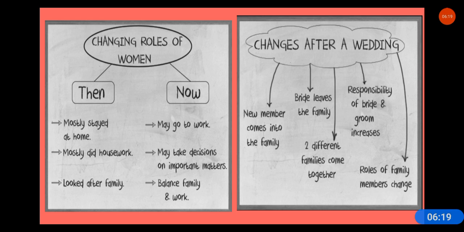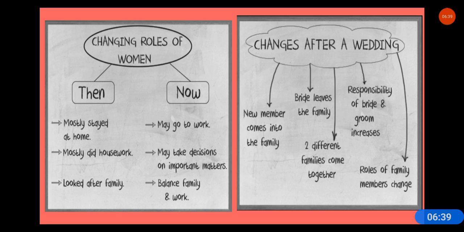Mostly earlier, women did housework, but now they also take decisions on important matters in the family or in the outside place where they work, right? Women looked after the family earlier.